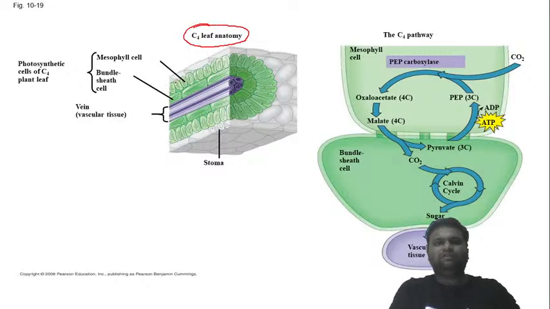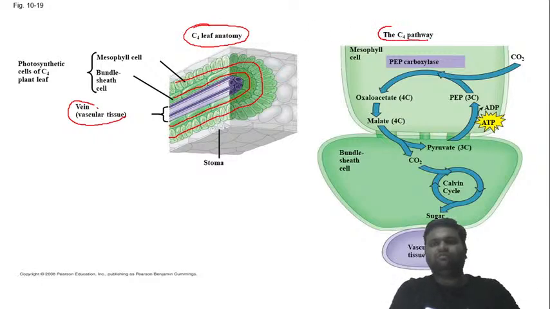These are the mesophyll cells. And these are the bundle sheath cells. This is the vein, that is the vascular tissue.